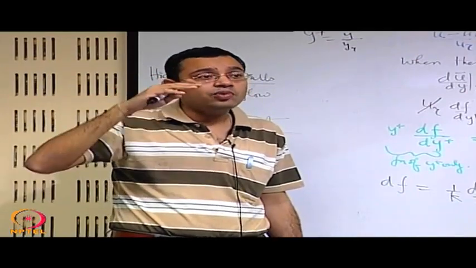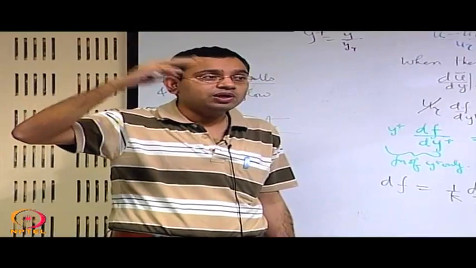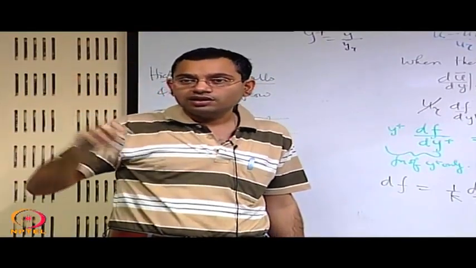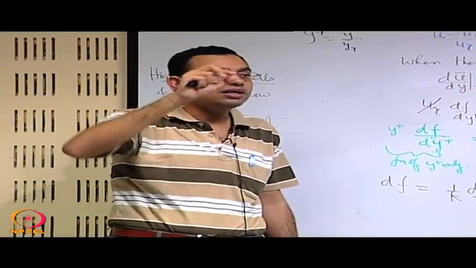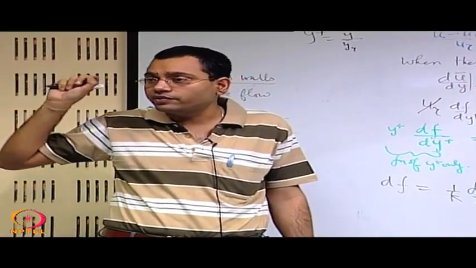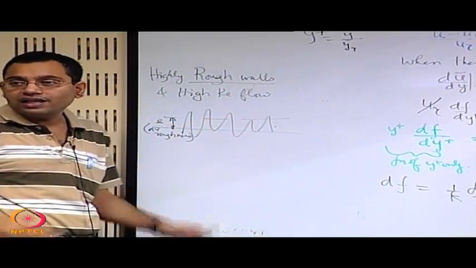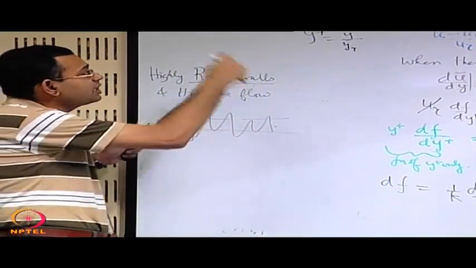This effect becomes stronger at higher and higher Reynolds number, because the viscous sublayer becomes thinner and thinner, almost vanishingly small. So almost the entire roughness elements are exposed to the flow, and therefore the roughness dictates the flow.